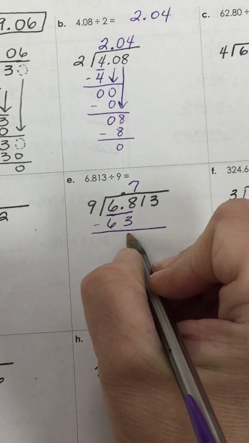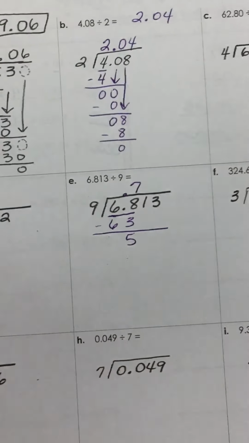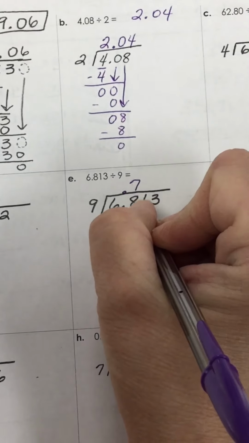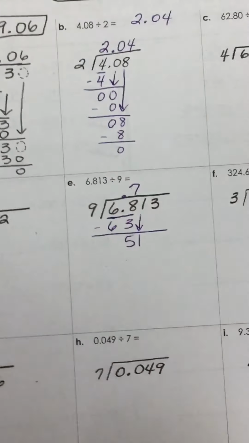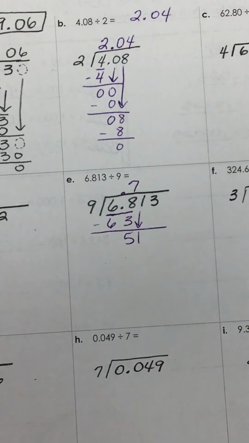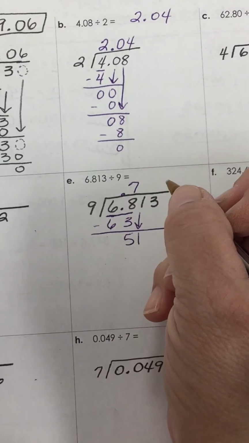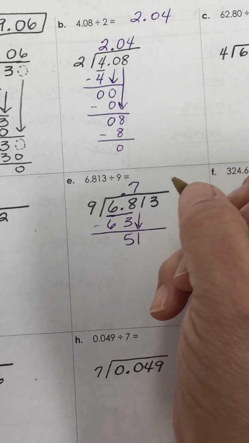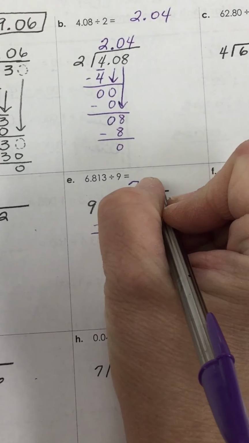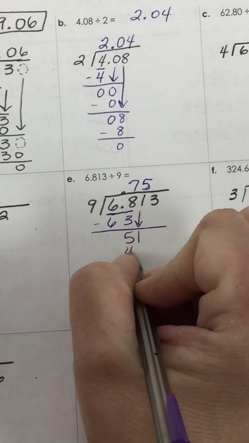8 minus 3 is 5. 6 minus 6 is 0. So I'm going to leave that alone. And then I'm going to bring down the 1. Now, I have to think, how many times can I make 9 equal to 54? Or 51, sorry. Okay, 9 times 5 is 45. 9 times 6 is 54. So that means I have to use the 5. 9 times 5 is 45.